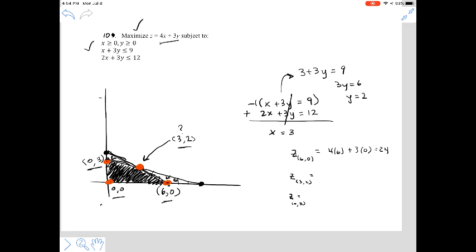For (3, 2), it's 4 times 3 plus 3 times 2. That's 12 plus 6, that's 18. And then for (0, 3), it's 4 times 0 plus 3 times 3. So that's 9. So (6, 0) is the winner.